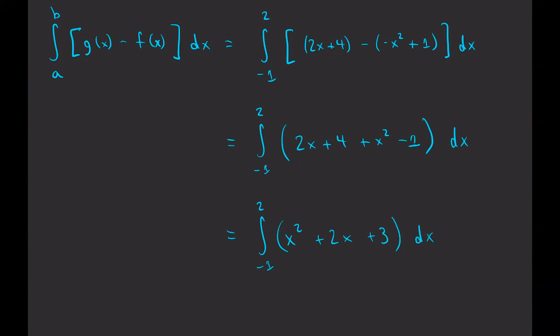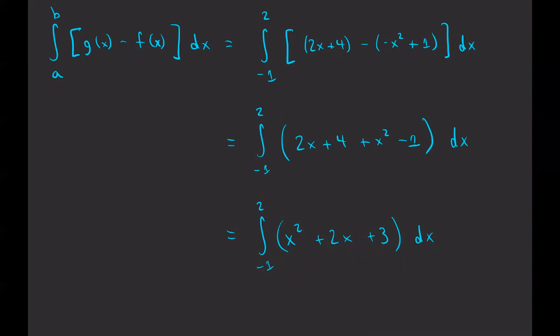And now this is a simple integral. At this point, we've got simple power rule application here. We could go on and evaluate this. I'm not going to bother with that right now, but we've got our x squared plus 2x plus 3. We'll do a power rule on each of these terms. We'll evaluate at 2 and -1 and subtract those. And that's just doing our good old definite integral calculations there.